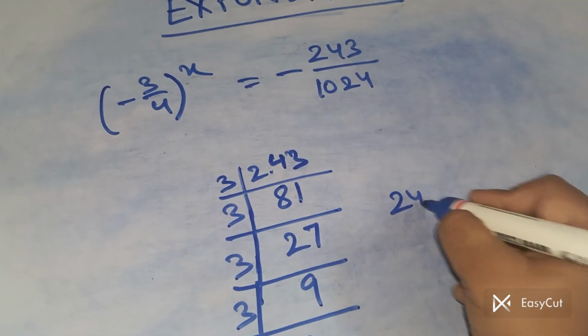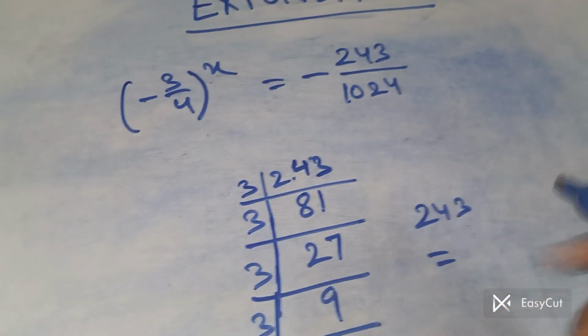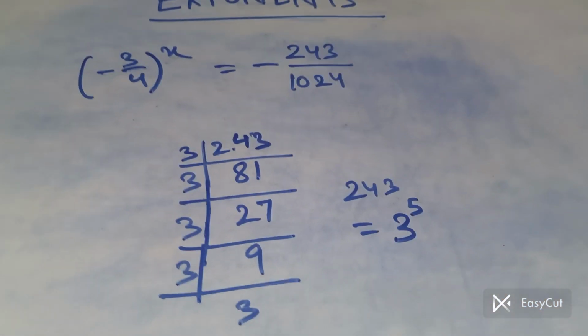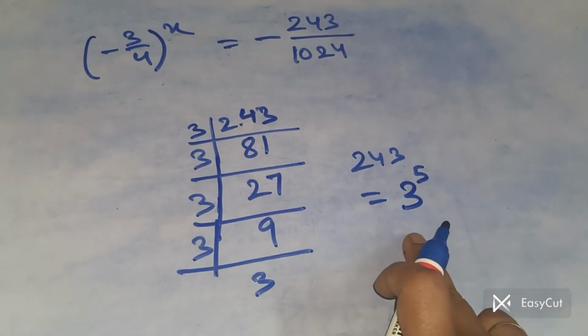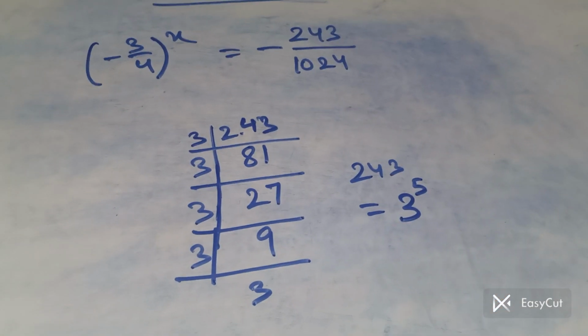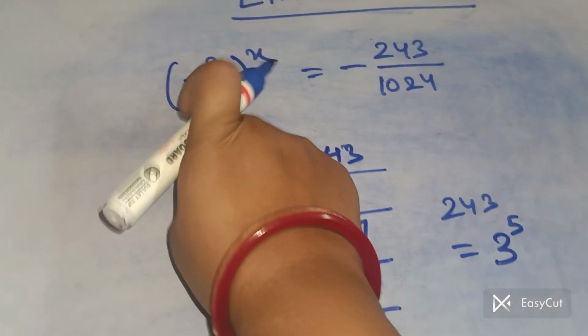See, so 243 equals how many 3's are there? 1, 2, 3, 4, 5. 3 to the power 5. 243 means 3 to the power 5 we can write, and if we write 1024, we have to divide it by 4.